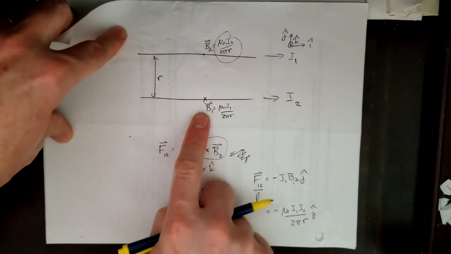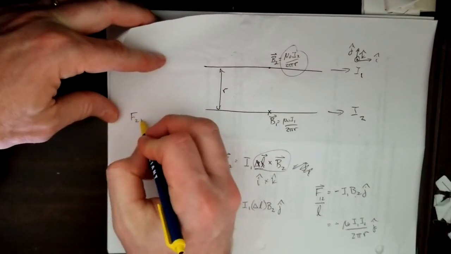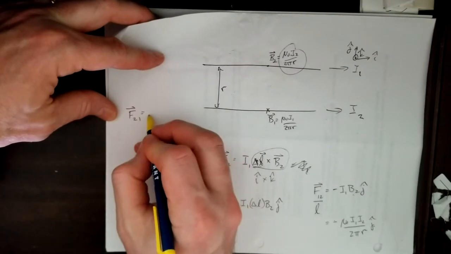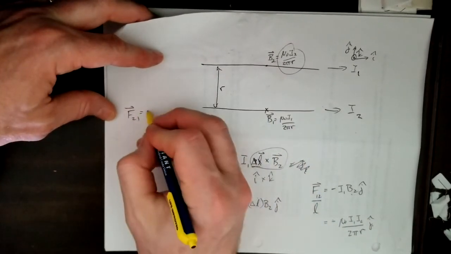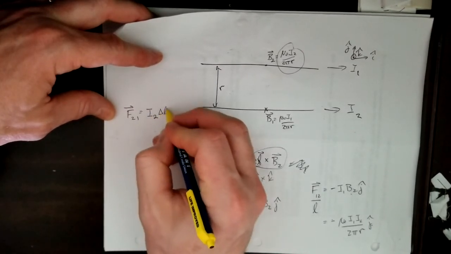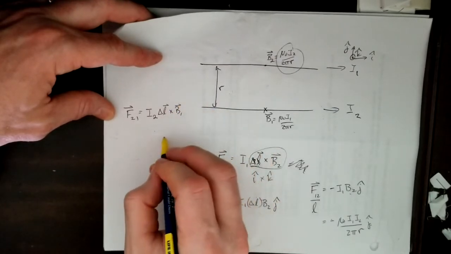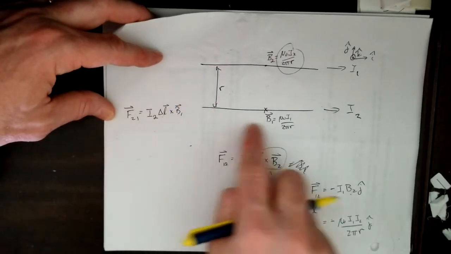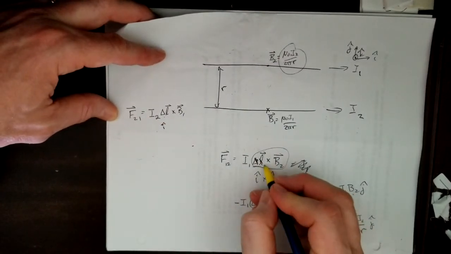Now, if I want to know the force on 2 from 1, well, we can go through the same logic there. So that's I2 delta L cross B1. Now delta L is in the direction of current, so this is I hat. And I guess properly that should have a subscript there.